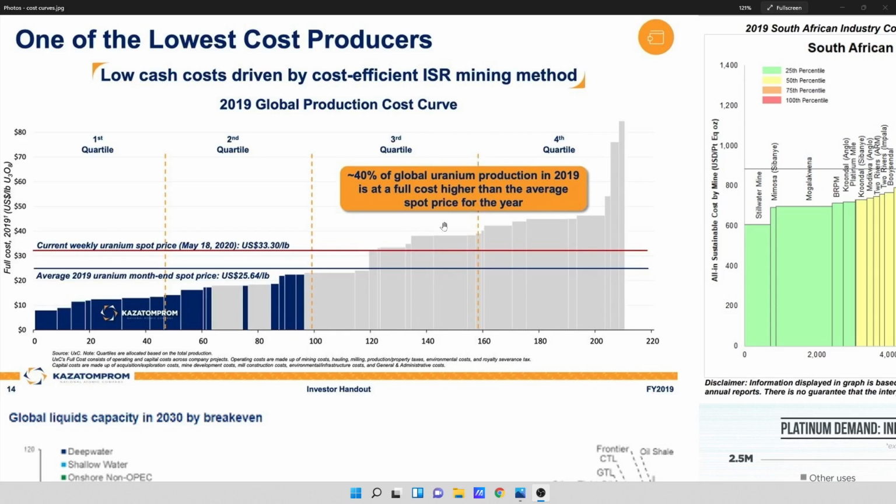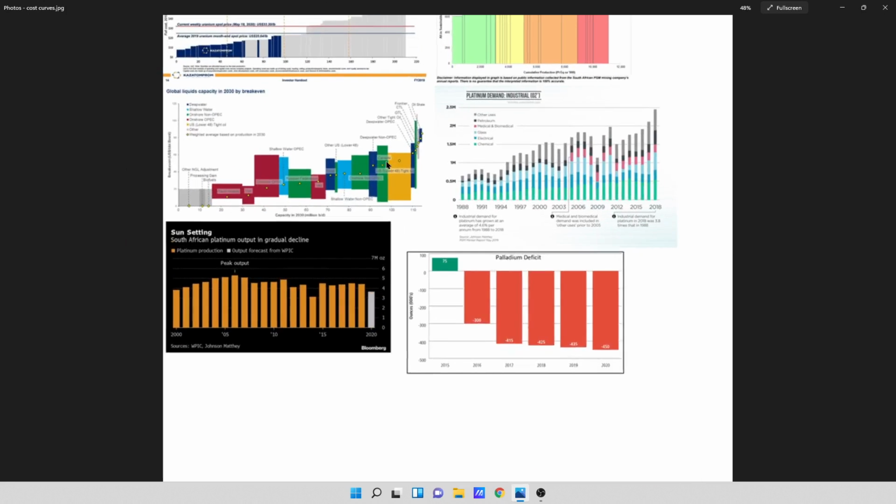When you go up, the higher cost producers provide more leverage to a price move than the lower cost producers. The reason is that when you divide by zero, you have zero earnings per share at $33 for this producer. That's a cost curve right in there.